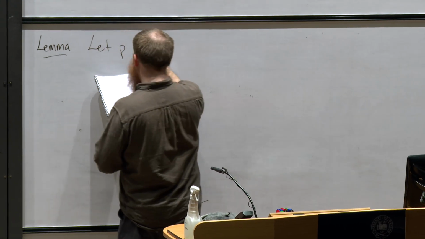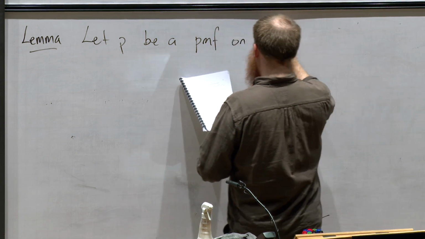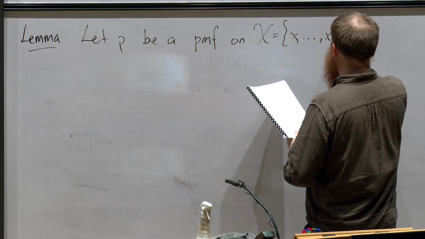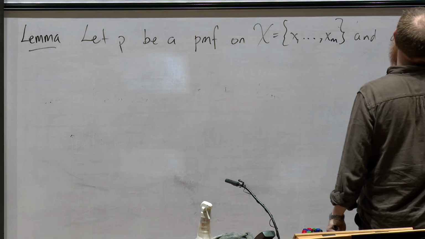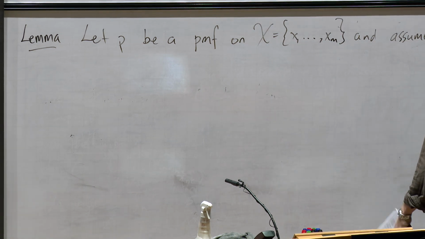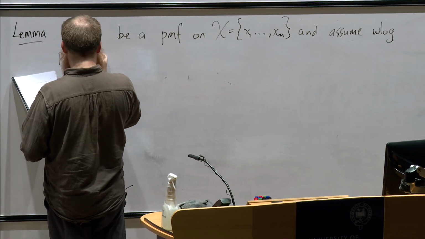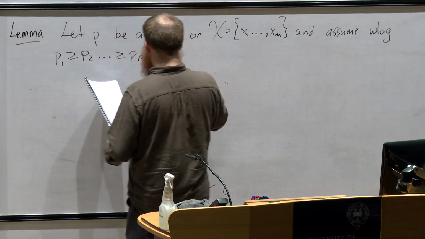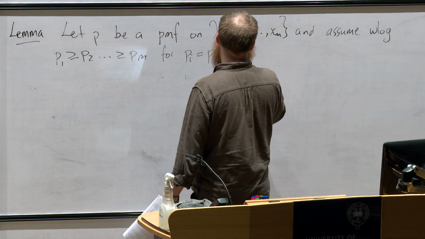Let P be a PMF on X, X1 through to Xm, and assume, without loss of generality, P1 is greater than or equal to P2 greater than or equal to Pm, for Pi equals probability of Xi.